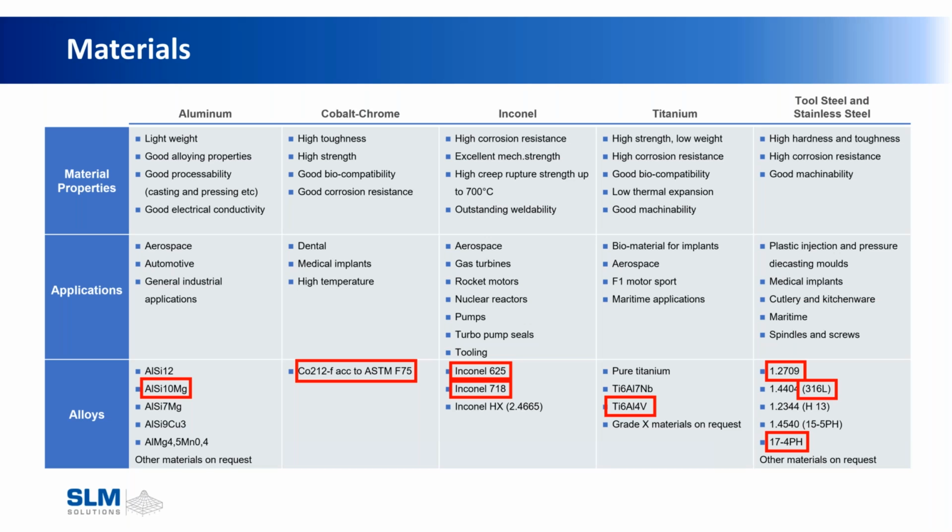So every day, there's new materials being added to your capabilities. SLM is an open system, so we do provide these materials and parameters, but that doesn't prevent you from running a separate material or parameter set that is completely open to you.